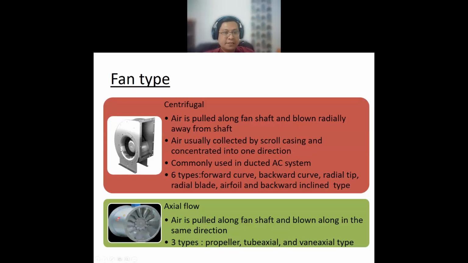We should first understand the axial part. Axial is in the same direction as the shaft. We can see the motor has a rotor and stator.